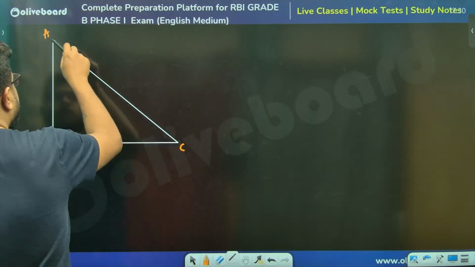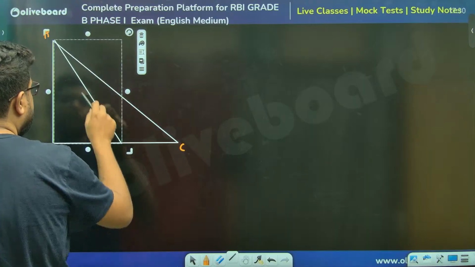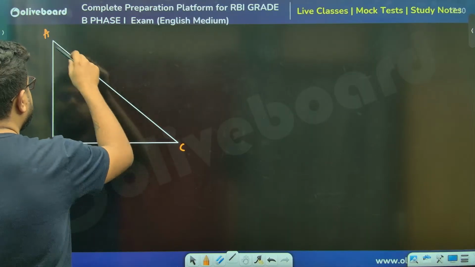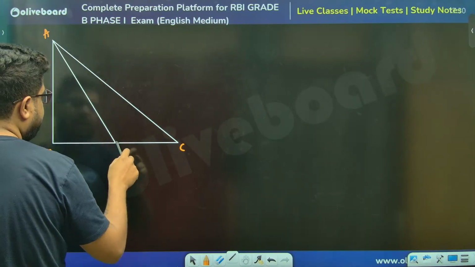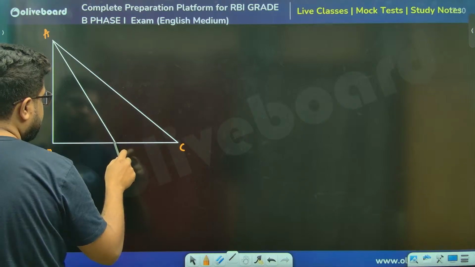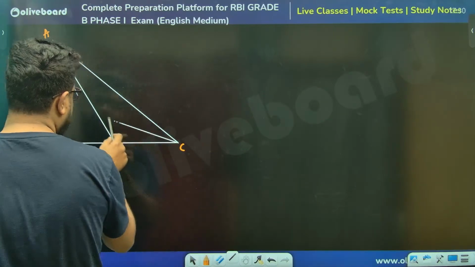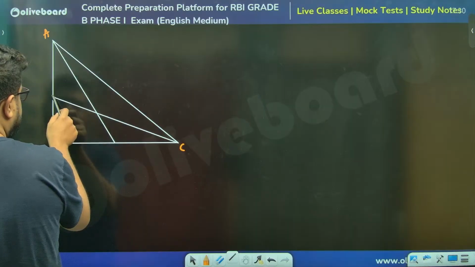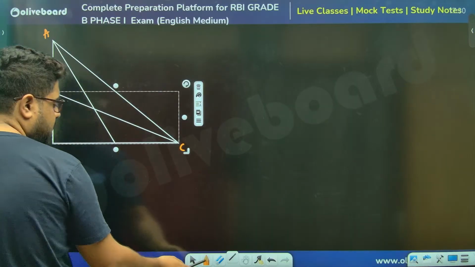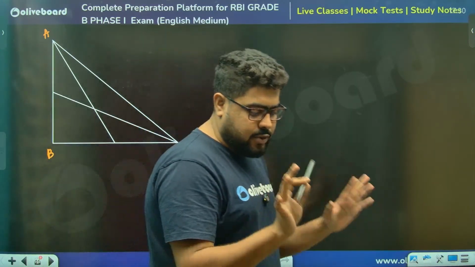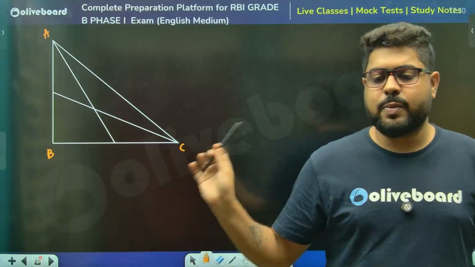Now, sir, I have drawn one particular line like this. Also, here I've drawn another line like this. Now, they are not midpoints. I'm again saying, till now they are not midpoints.